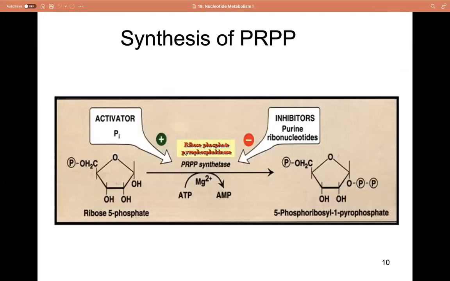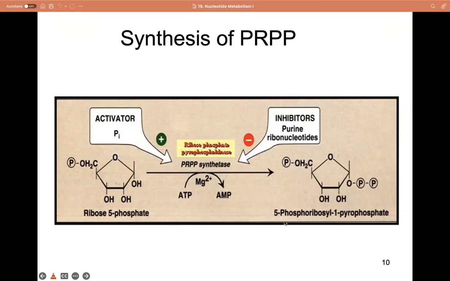Okay, so how is PRPP synthesized? You're starting with ribose 5-phosphate. It's a simple sugar with 1 phosphate group on this side. The enzyme responsible is ribose phosphate pyrophosphokinase, also called PRPP synthetase. There are 2 things which either inhibit or activate this enzyme. When there's an excess of unused phosphate, this will cause increased production of PRPP.